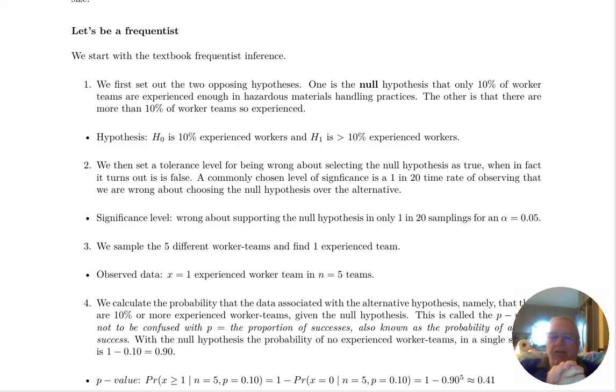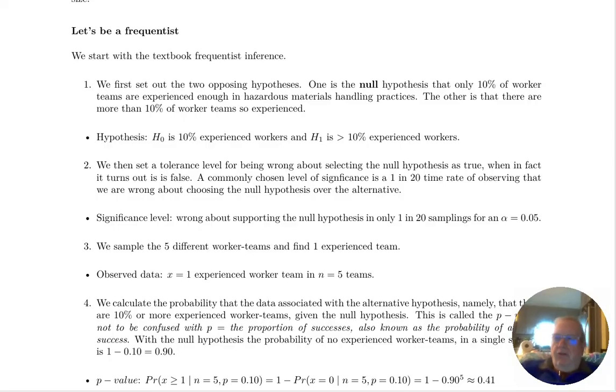The other is that there are more than 10%. Okay, very simple. So the null hypothesis is what the first set of executives said. 10% is good enough. And H1, the alternative hypothesis, is that it's more than that. That's the other side of the story.